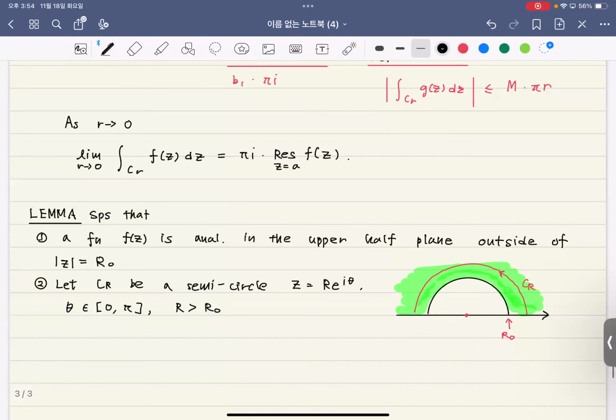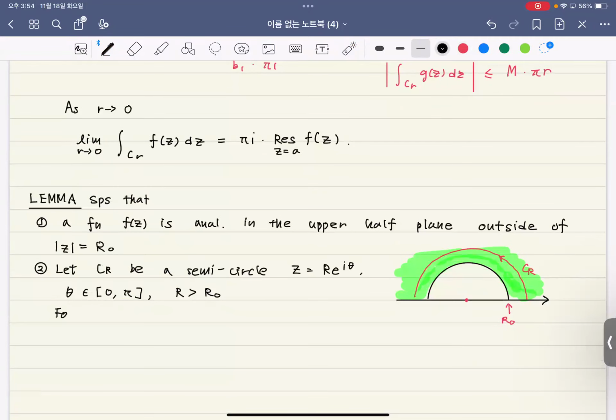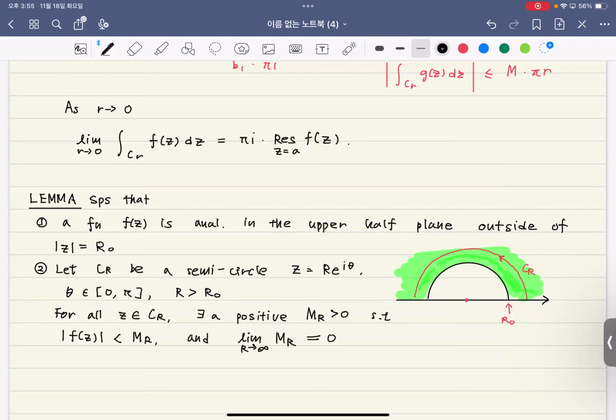We are assuming that on this circle there is a positive constant M_R such that the modulus of f of z is bounded by M_R. On top of that, we also assume that this bounding number M_R tends to 0 as R goes to infinity. Well, lots of conditions.